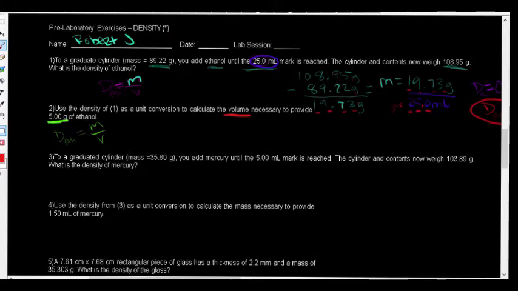So we're going to rearrange this equation: multiply by volume on both sides and then divide by density. So volume equals our mass over our density of ethanol.